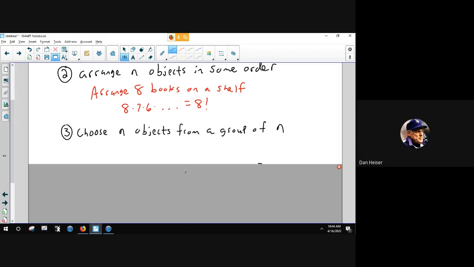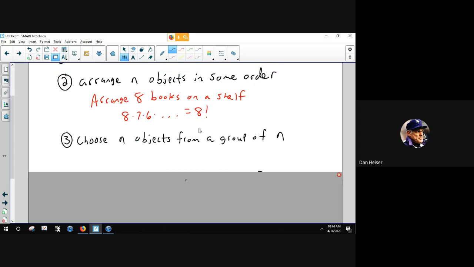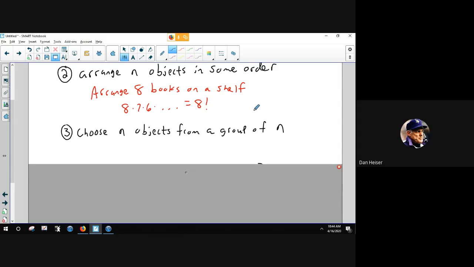There are 12 factorial ways that I can create a string of 12 letters. Those are all interpretations of n factorial. We are selecting every object in a group, selecting 8 objects from a group of 8, 15 objects from a group of 15, and so on and so on.